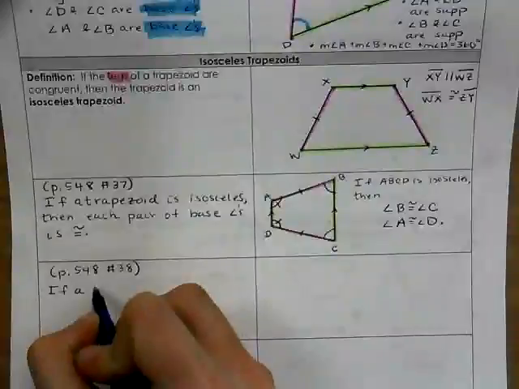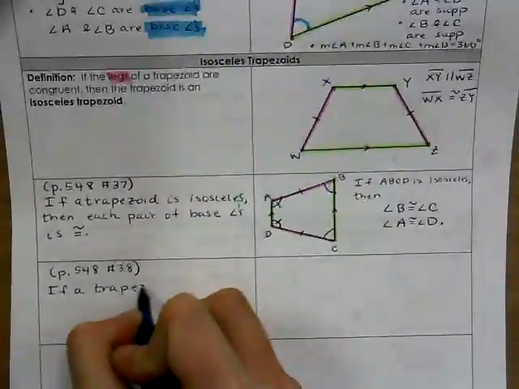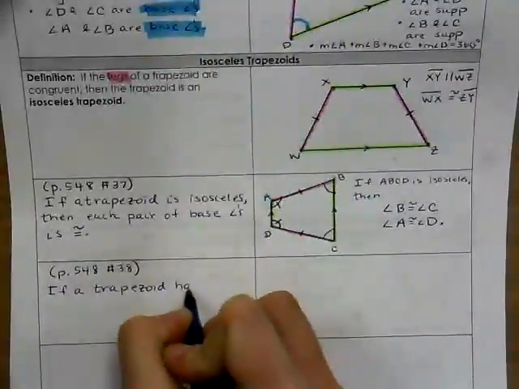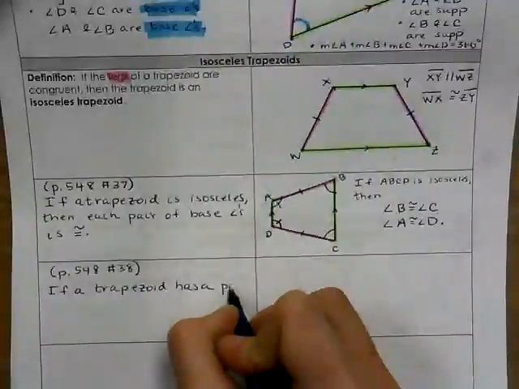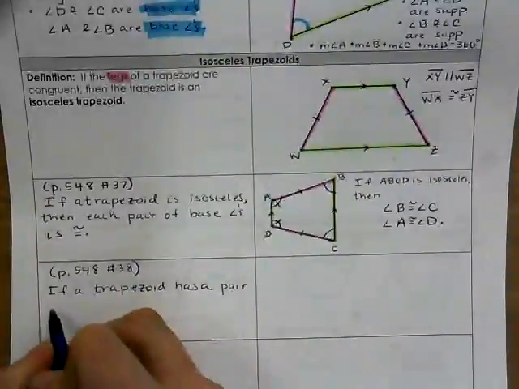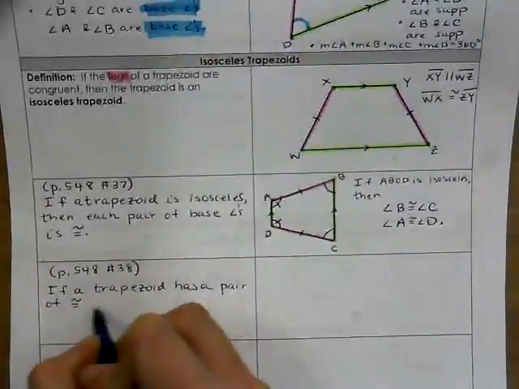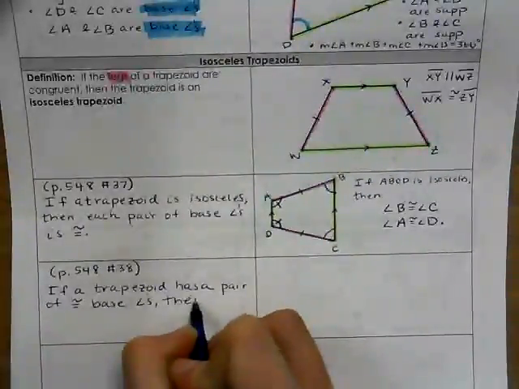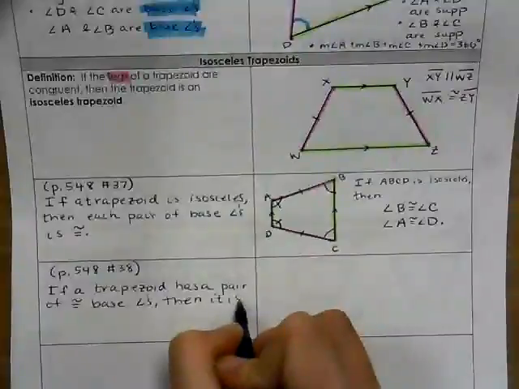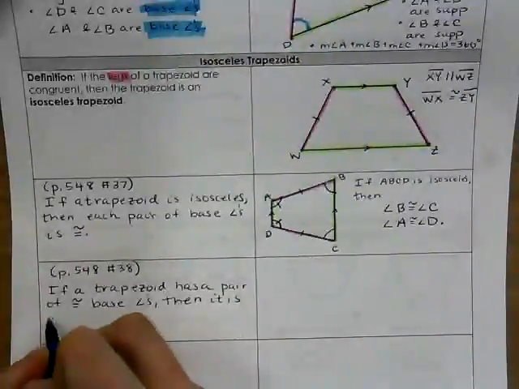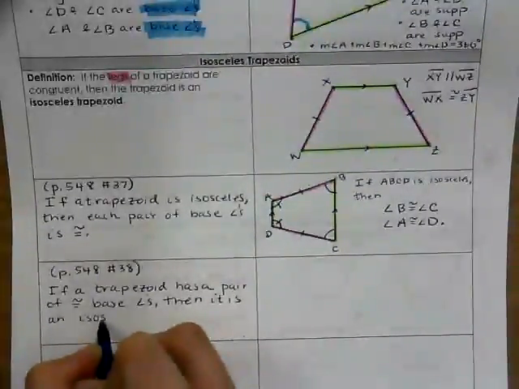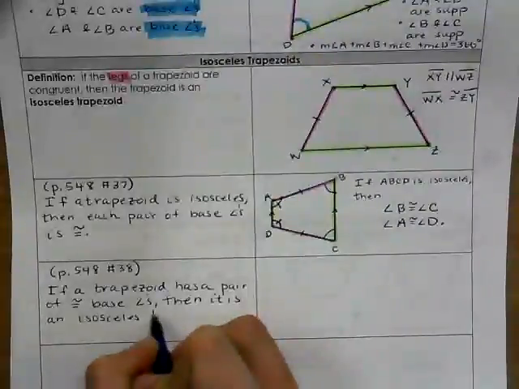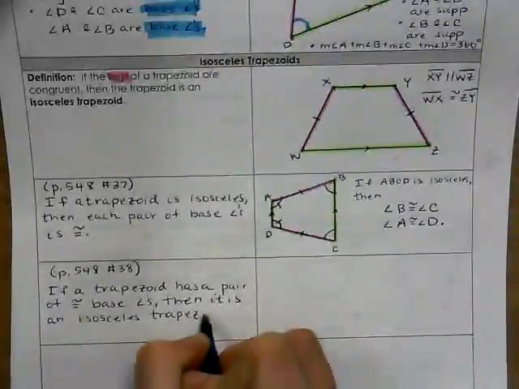So if a trapezoid has a pair of congruent base angles, then it is an isosceles trapezoid.